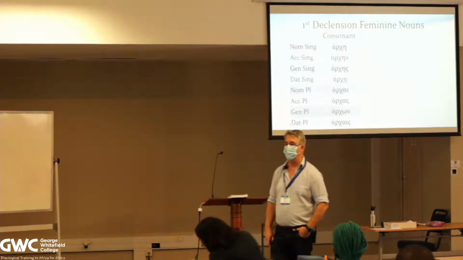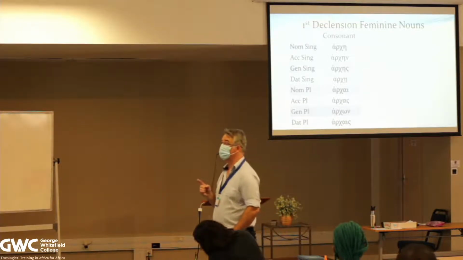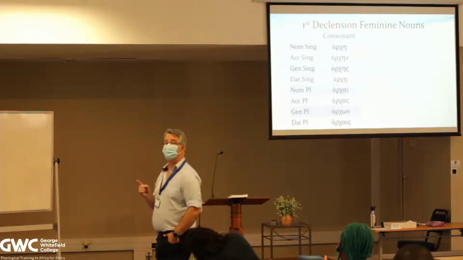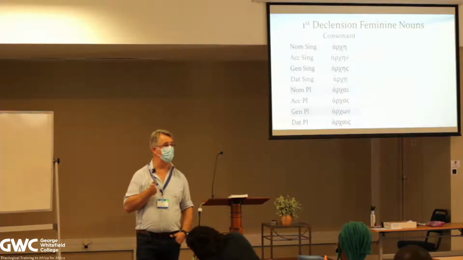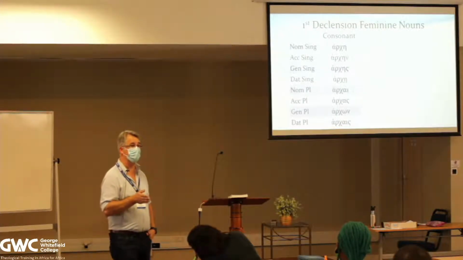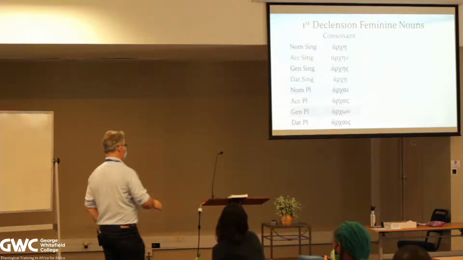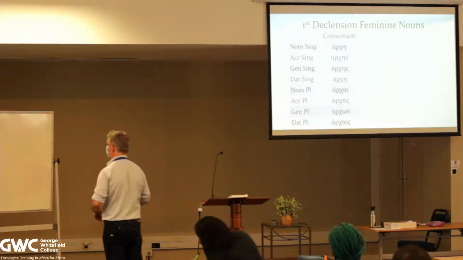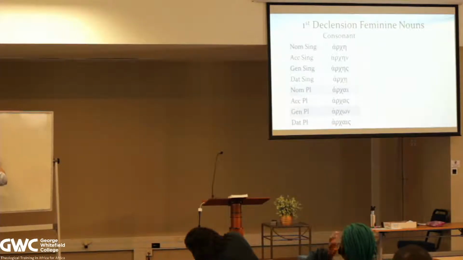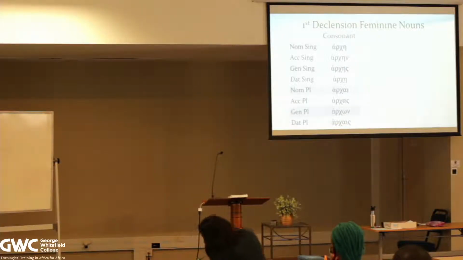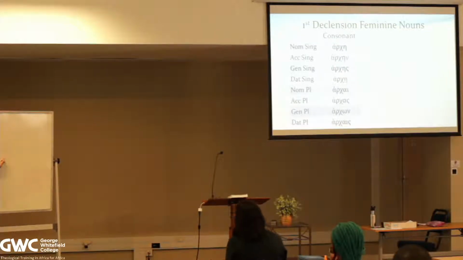That's right, if the stem of our first declension feminine noun ends in a consonant. Remember we looked at this the other day, stems and endings. So you've got archae: stem, arch, ending, ae.